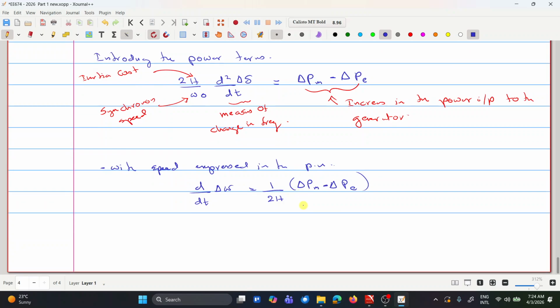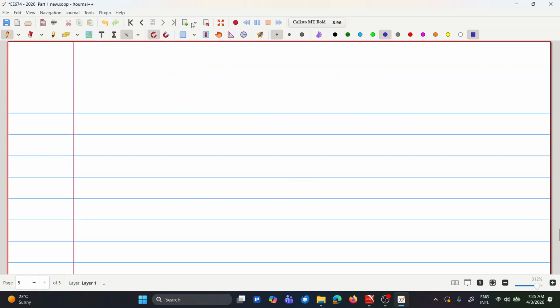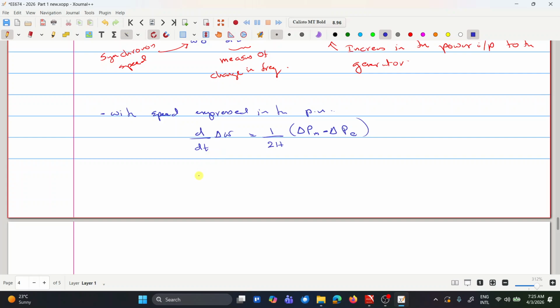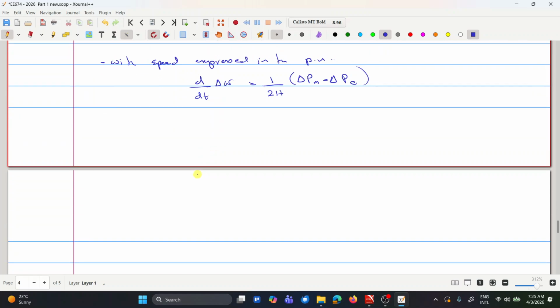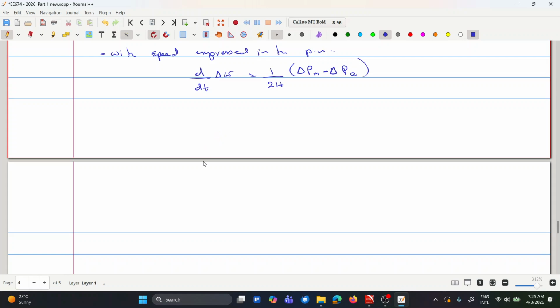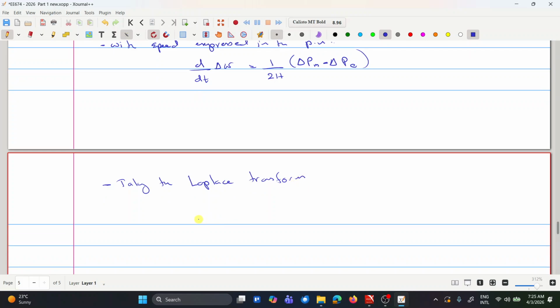And if you take the Laplace transform, so this is in the differential equation form or the state space model, you will have delta omega s in the Laplace domain.